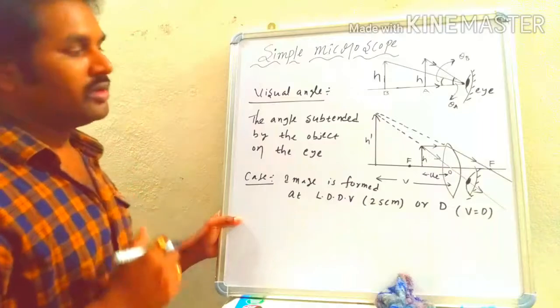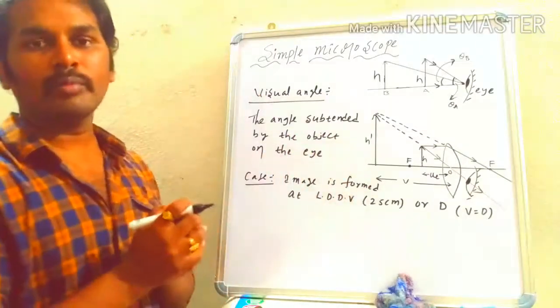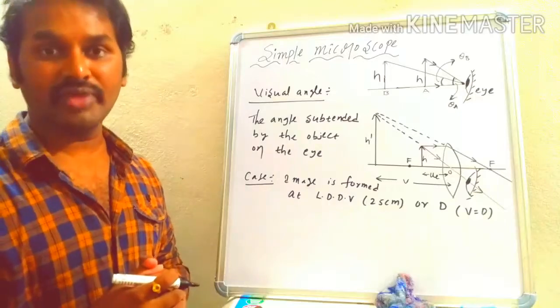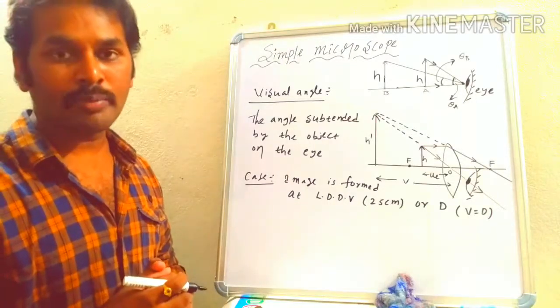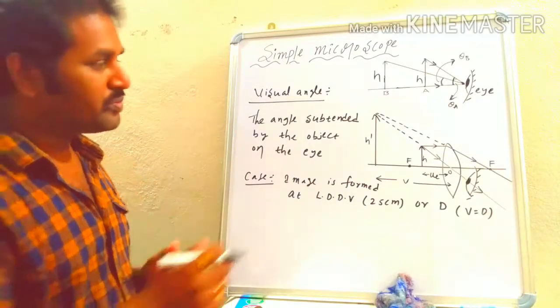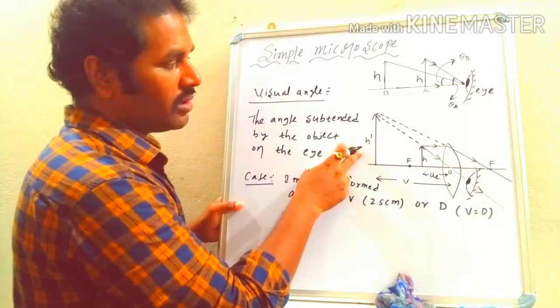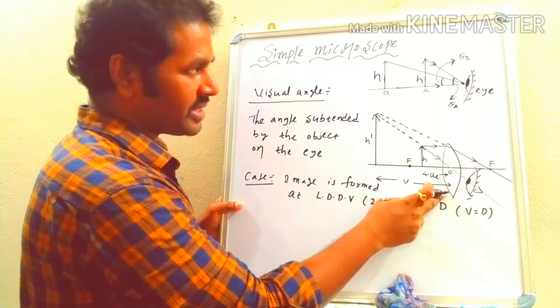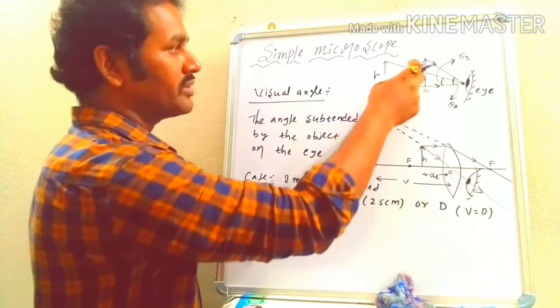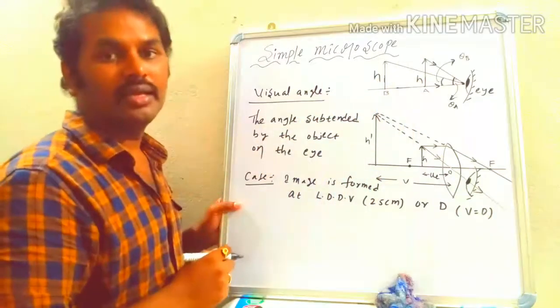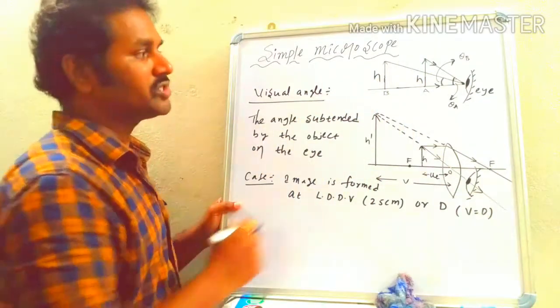Before that, with the use of a simple microscope, what are we trying to find? We are finding the angular magnification, which means how many times the height of the image formed by this convex lens is bigger than the height of the object kept at the least distance of distant vision.